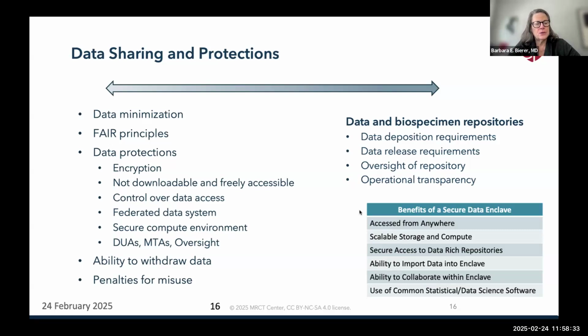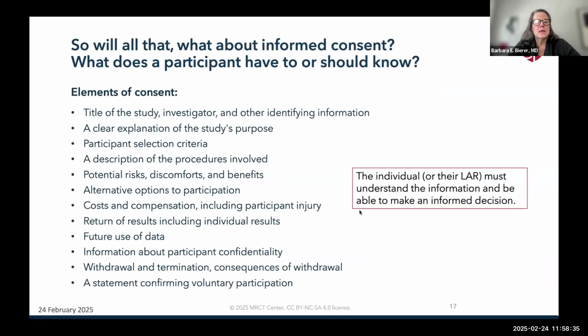But then we get back to, with all of this, what about informed consent? What should a participant have to or should know? Typically the elements of consent are already significant.